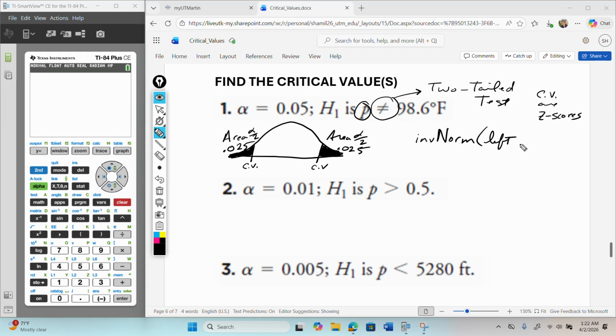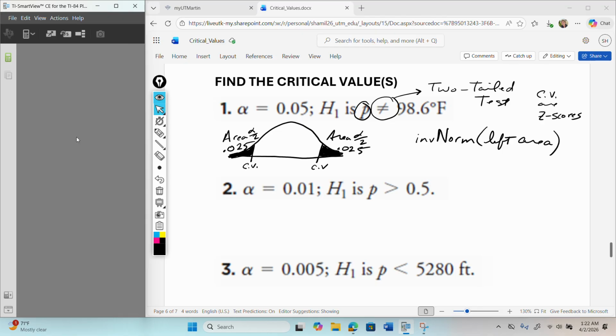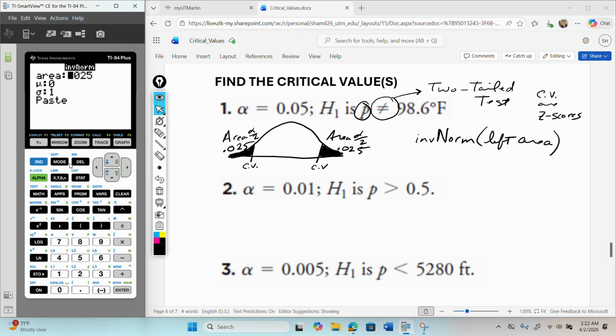Now, if you have an older model or just an 84 Plus, you're going to need to tell it the left area. So suppose we just have a TI-84 Plus, then you're going to go to second and then vars, and then come down here to inverse norm, enter, and you must tell it the left area.